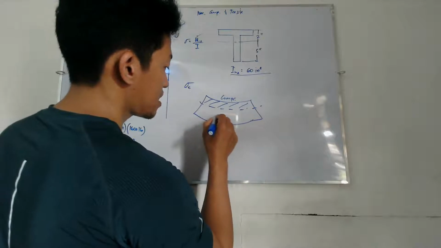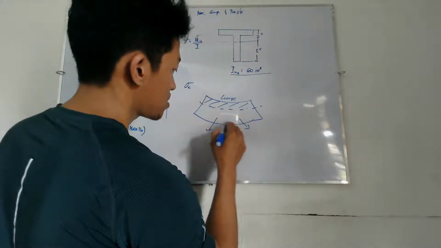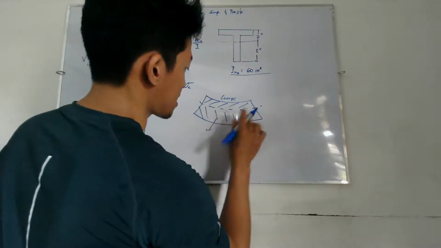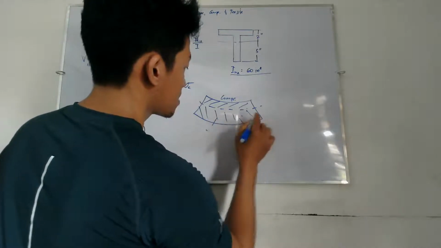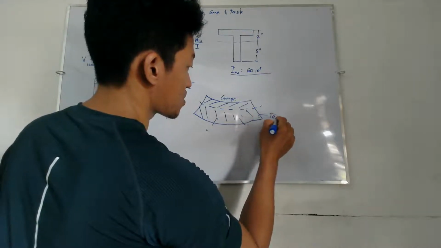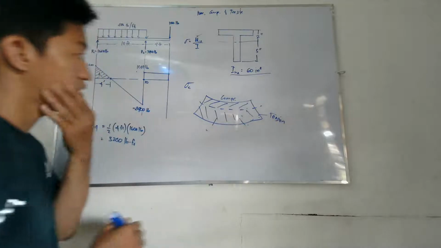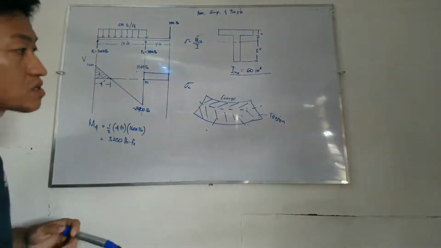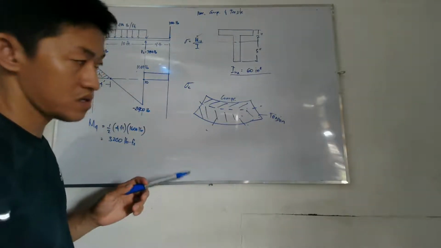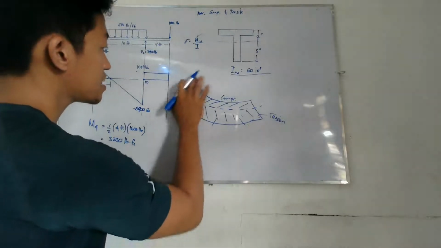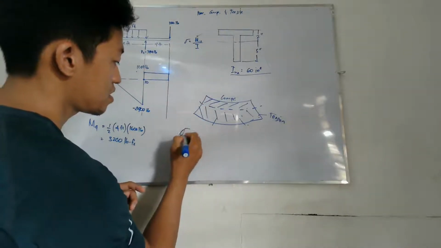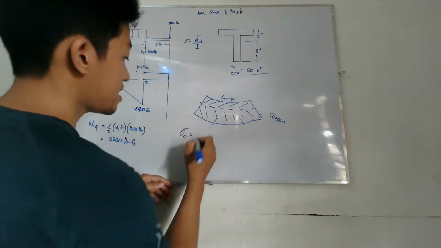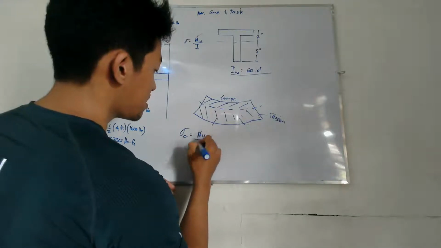Kani sa ubos, kani nga part dire, tension, no? Tension. Okay, so base na nga compression ang pataas, so you have My over I.